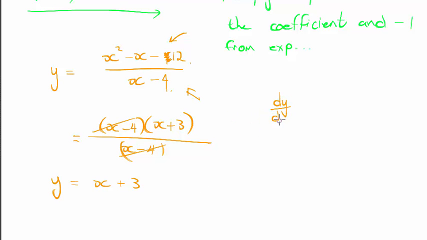So dy over dx is now equal to 1, not 1x, just 1. Why 1? Let's have a look at it. This is x to the power of 1, and this is x to the power of 0. If I take the exponent and multiply it to the front, in the front is a 1, so I get a 1. Now for the x, I must subtract 1 from the exponent, so this becomes x to the power of 0.